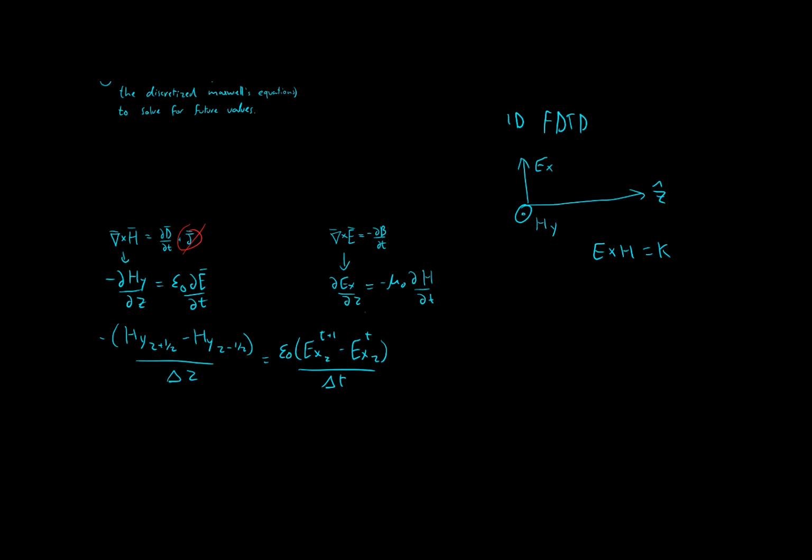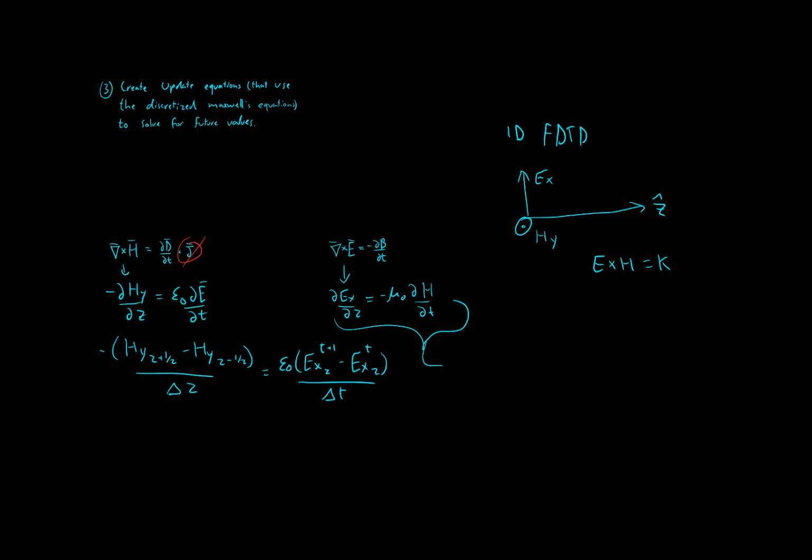Now, we can obviously do the same thing for the curl of E equation. We're just going to ignore that for now. We know we can do it, so it allows us to isolate the variable that's ahead in time. In this case, it's this one.